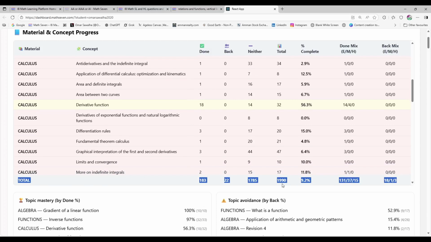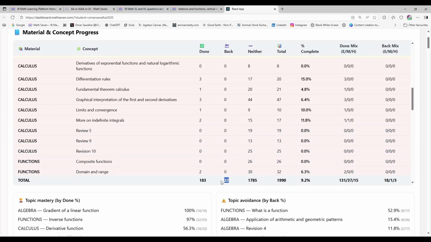There are 1,990 questions. The ones that he neither saw, nor marked I'll be back, nor done, are 1,785. The ones marked "I'll be back" are 22 questions, and the ones that he did successfully are 183 questions. So he accomplished 99.2% of the whole material, imagine.